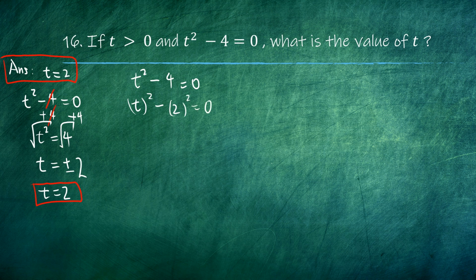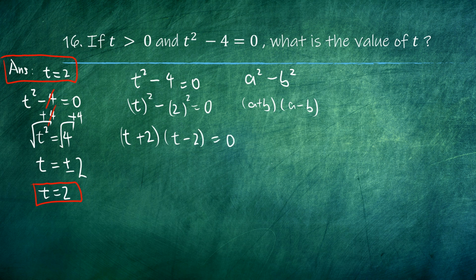And we know from the perfect square equation, when we have a squared minus b squared, this will factor into a plus b times a minus b. So in this case, we can factor it as t plus 2 times t minus 2 equal to 0.